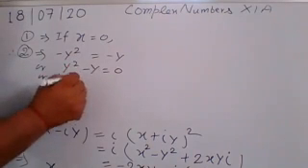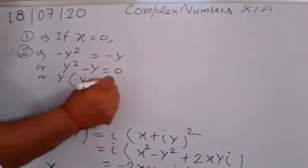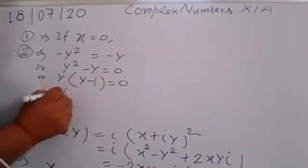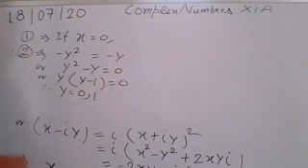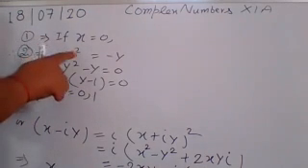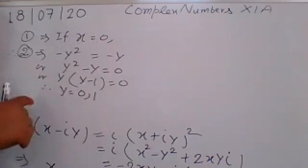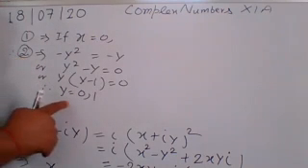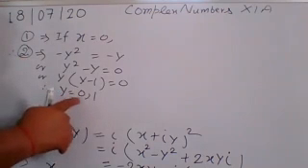Taking y common, you have y(y minus 1) is equal to 0. So you have y is equal to 0 and 1 from the second equation. From the first equation you find x is equal to 0. Put it in the second, so you have two values, y is equal to 0 and 1.